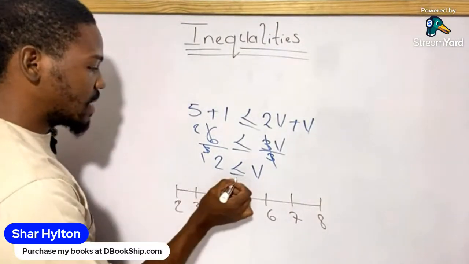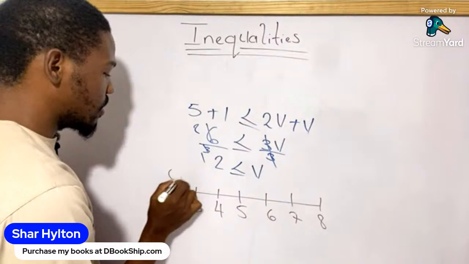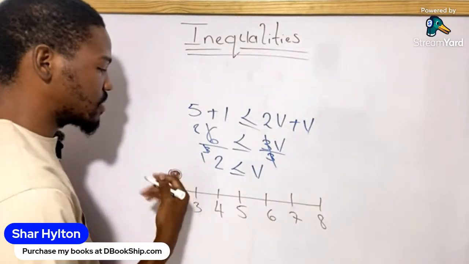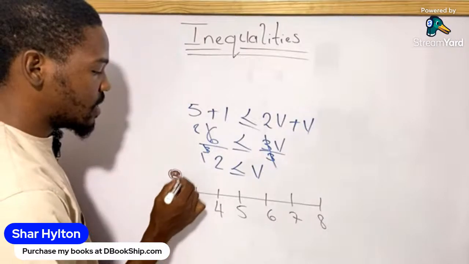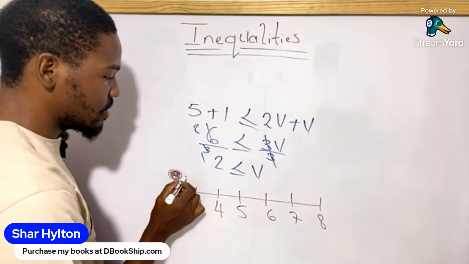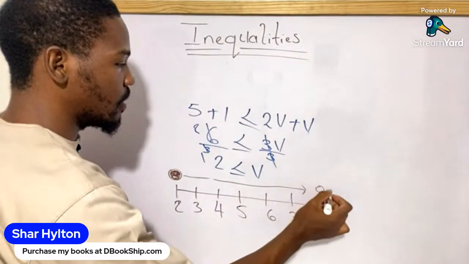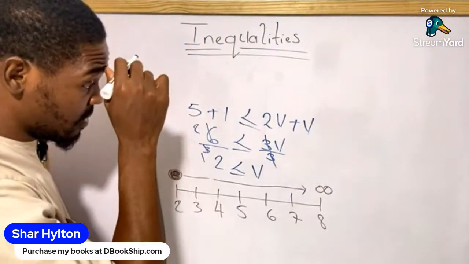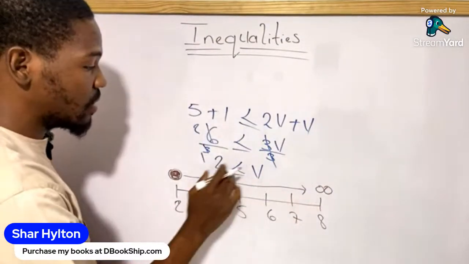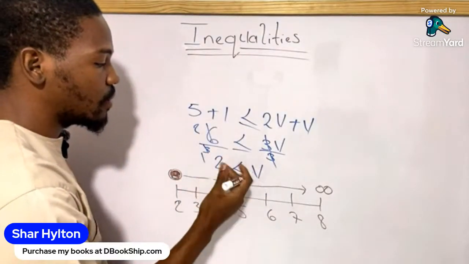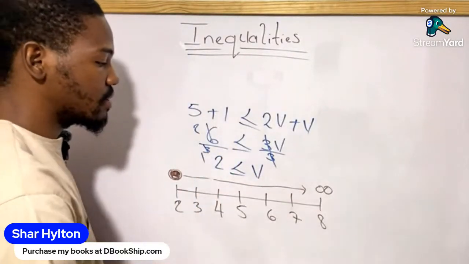Because we have the equality there, we can shade this right there as was explained before. And we say that v is greater, so all the way up to infinity, right there. That is exactly what 2 is less than or equal to v is telling us.